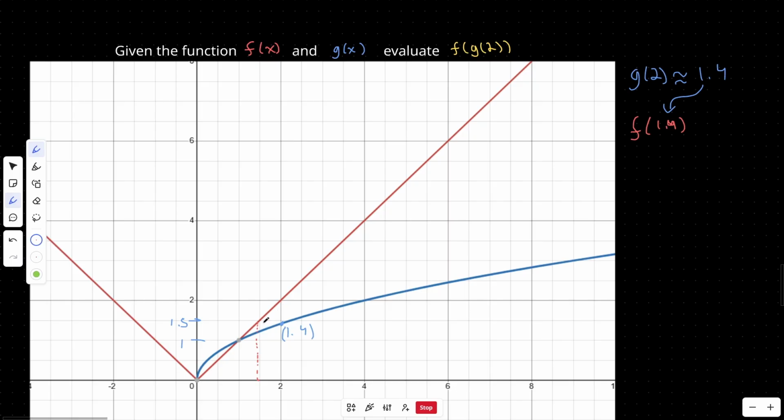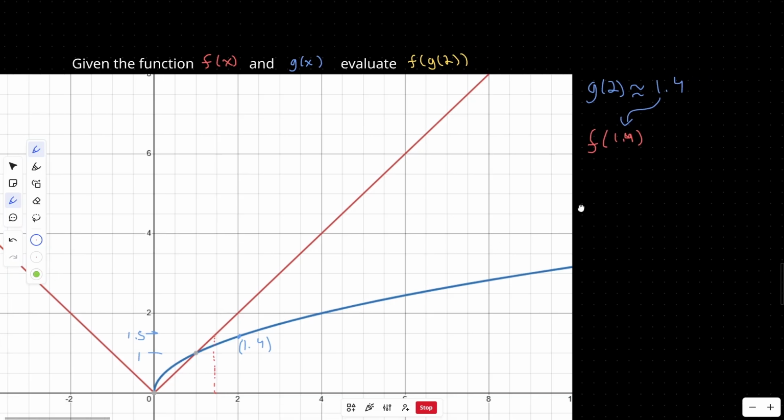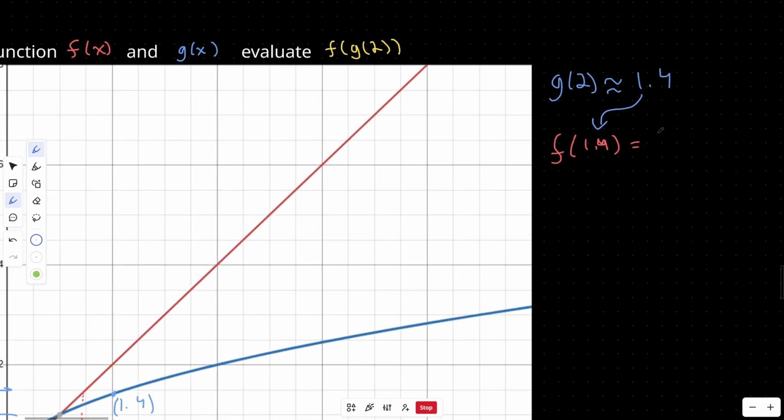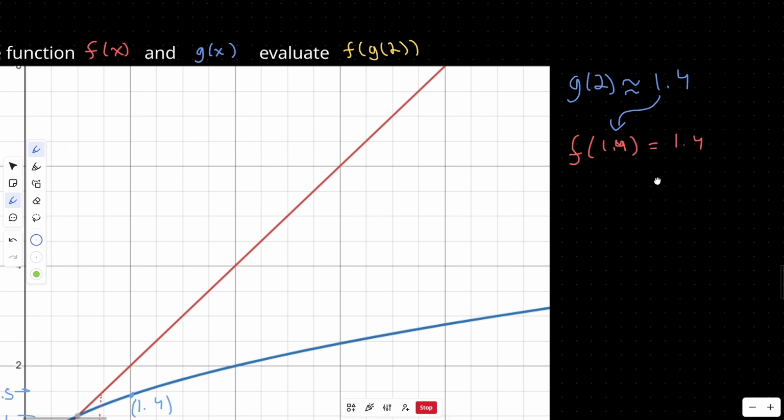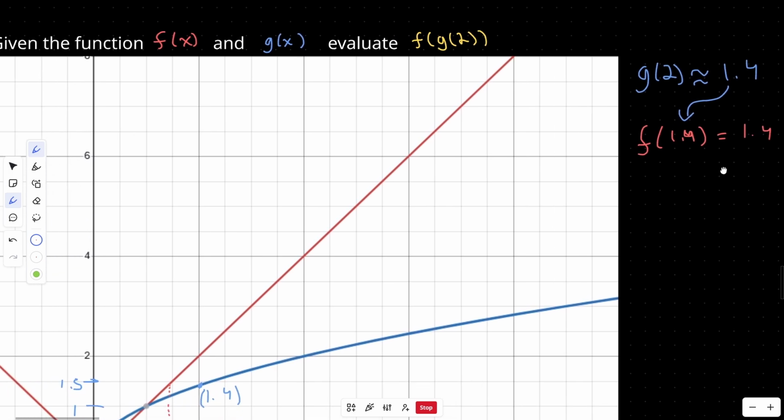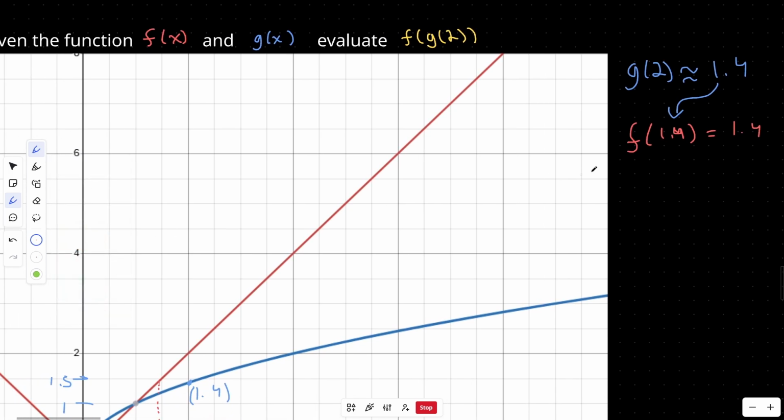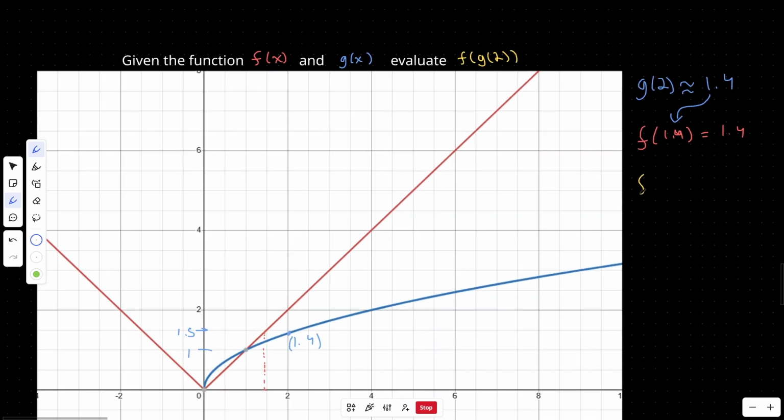So it looks like it's 1.4 again. We can say f of 1.4 is equal to 1.4. That's weird, we keep hitting the same numbers. So f of g of 2 is equal to 1.4, and there we go.